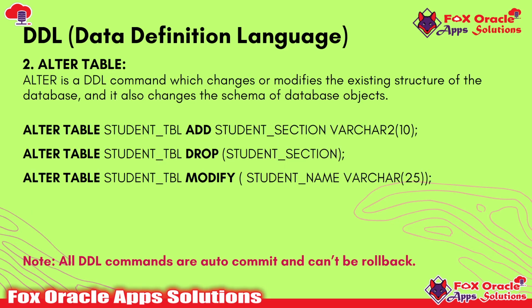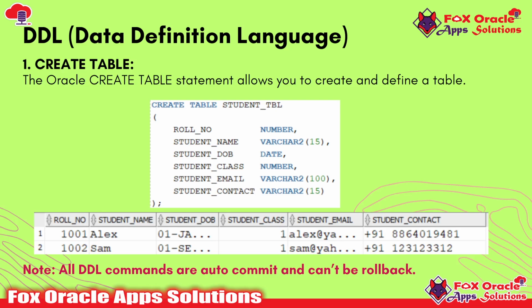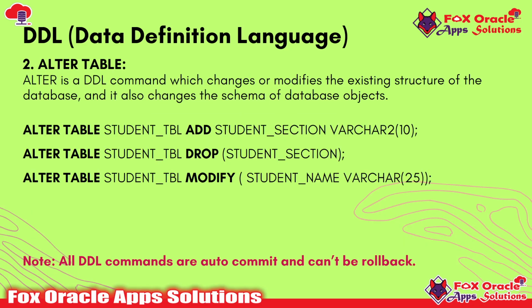Let's move to another operation, alter table. Alter table is another command under DDL, and we use it to change the structure of a table. The create command creates the structure of a table, but the alter command changes it. For example, our table has only five columns and we want to add one more.